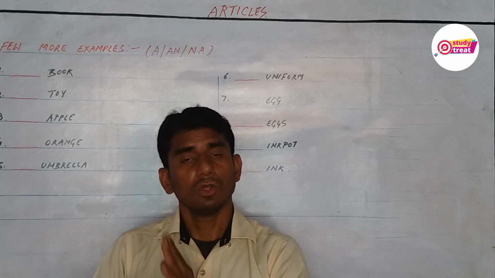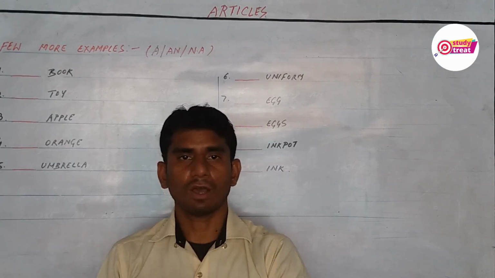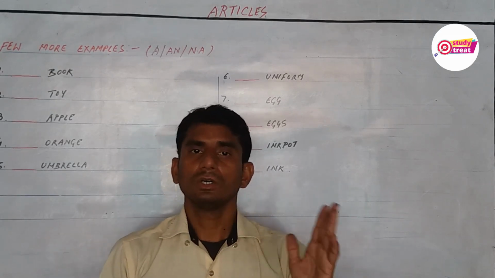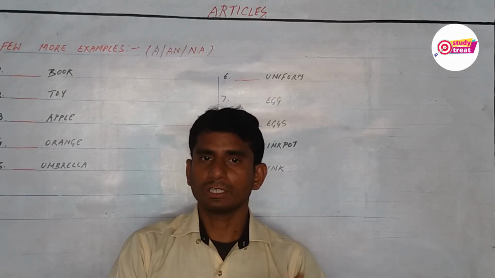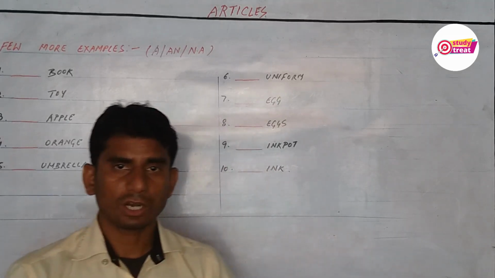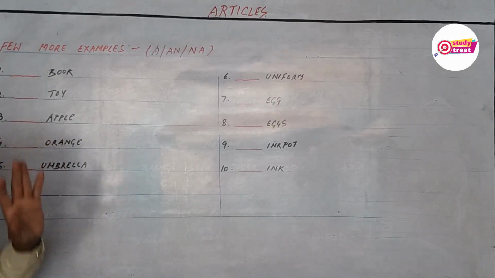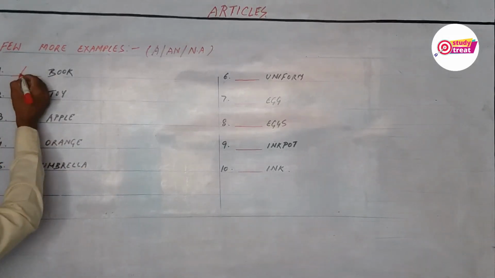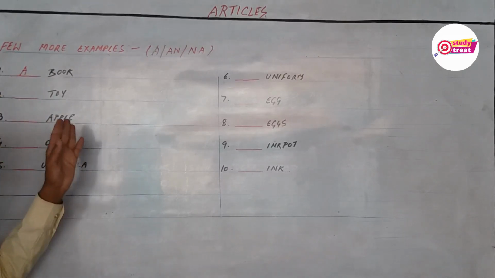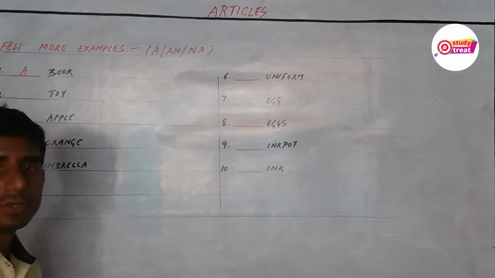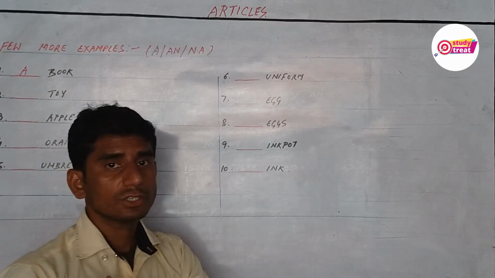The book is in the singular form. Go to the second step, the sound. Book has a consonant sound, and for consonant sound we use a book. Clear? Next question is toy tie. First find out whether it is singular or plural.